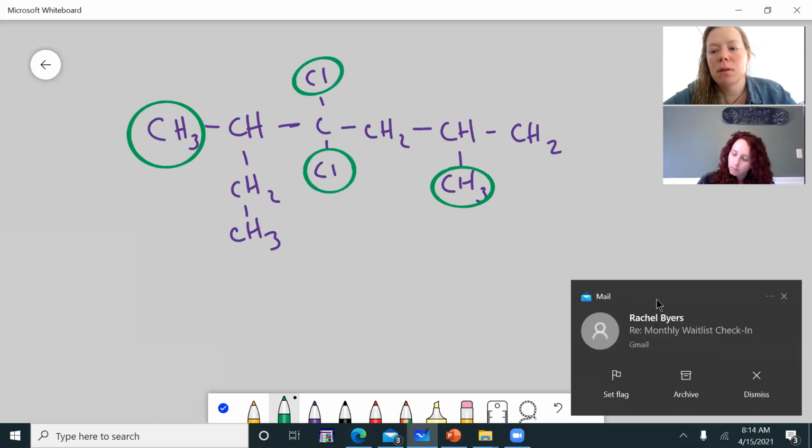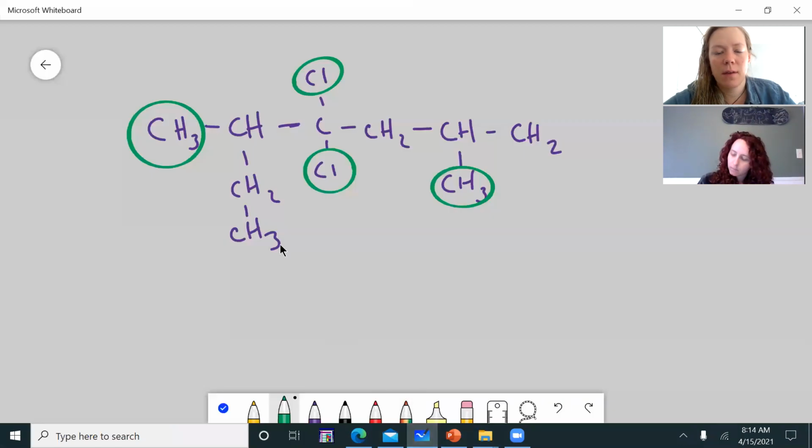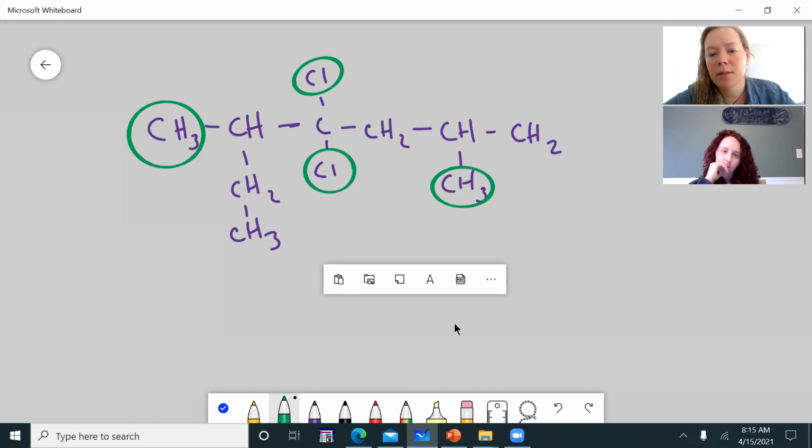So I have 2 methyls and 2 chloros. When I have more than one accessory, I have to call it dimethyl or dichloro, okay? You have to denote that you've got 2 of them. If I had 3 of them, I'd have to say tri. So let's first just put the longest chain in. 7 is hept, and they're all single bonded, so this is heptane.